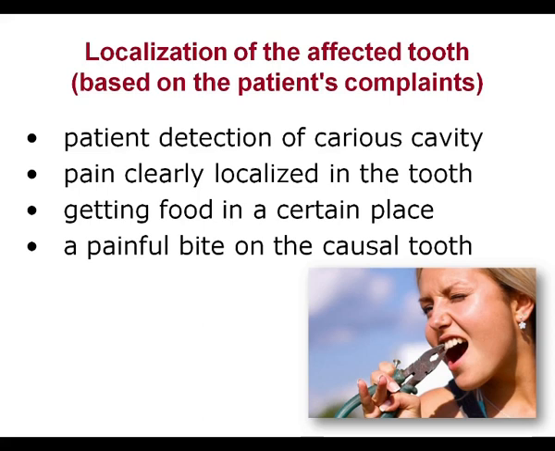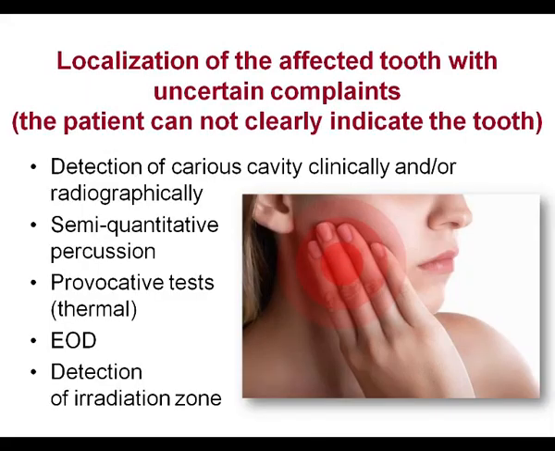As for localization of the affected tooth, it may be based on patient complaints, when the patient detects a caries cavity or pain clearly localized in the tooth. For example, food getting in a certain place, or a painful bite on the causal tooth.